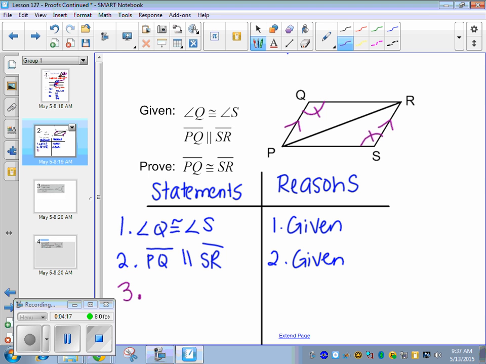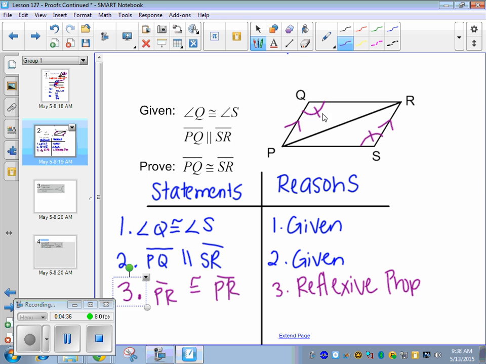Yep. Oh, and we're back. Okay, so PR is congruent to PR, reflexive property. So let's mark that side congruent.